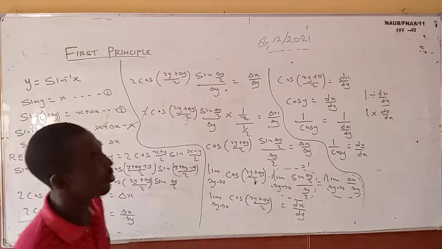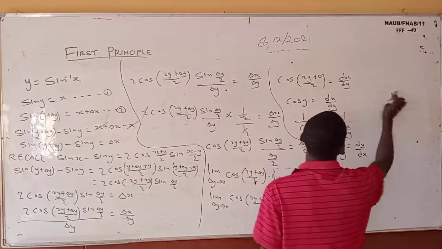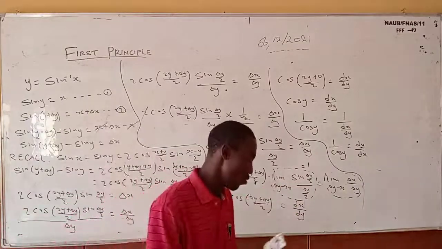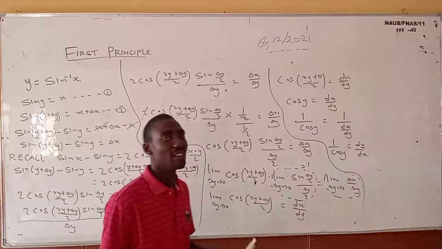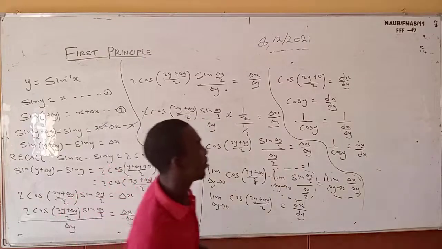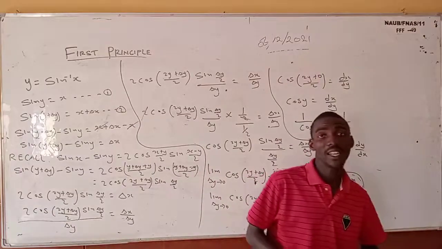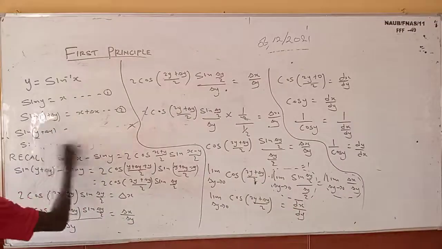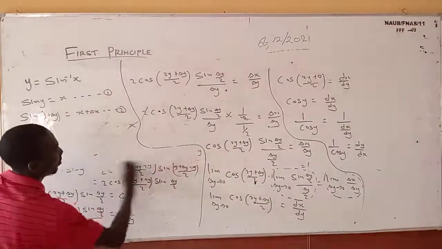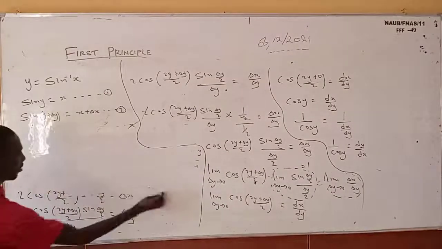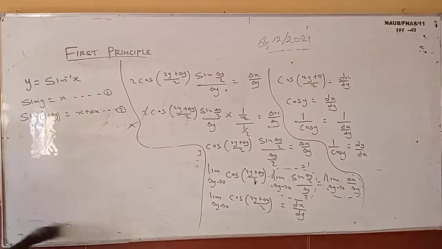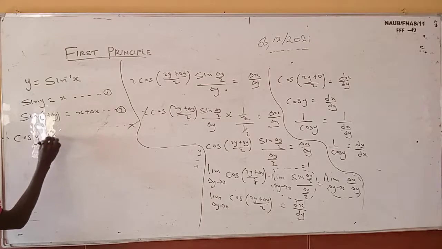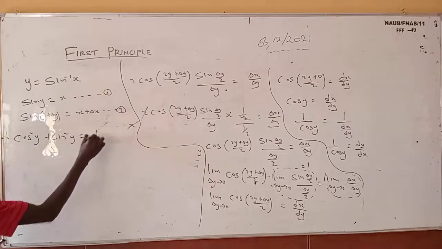Are we done? We are almost done. Okay? But don't forget that for our cos y, we can write the relationship between cos y and sin y. Don't forget that cos squared y plus sine squared y is equal to 1.